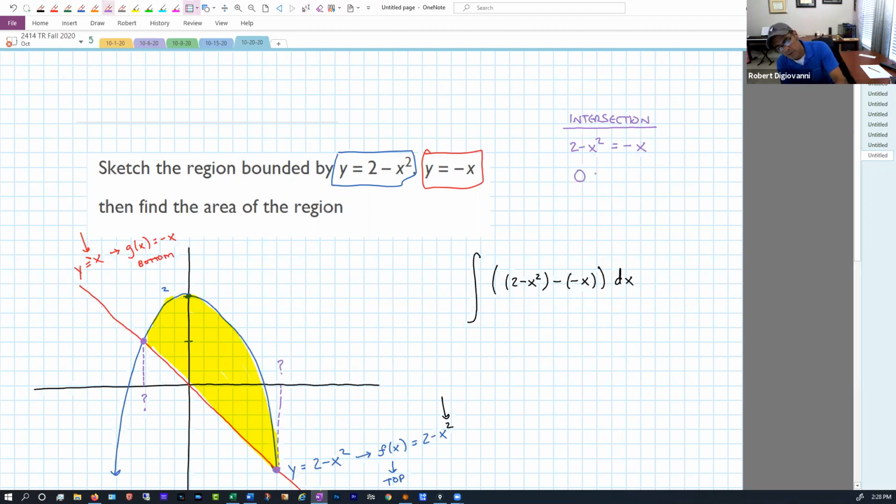So let's move everything to the right side. And fortunately for us, the right side factors. If it didn't factor, I'd have to use the quadratic formula. But we get two nice solutions, 2 and -1. And those are my limits of integration.